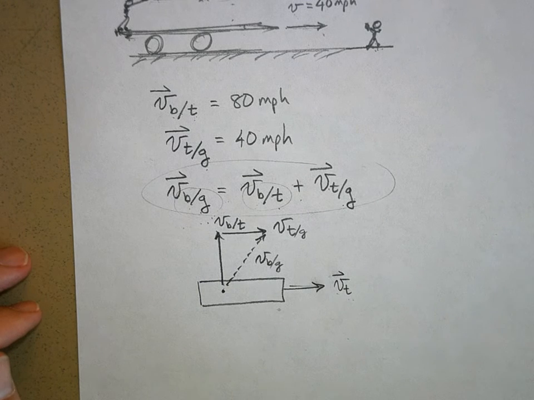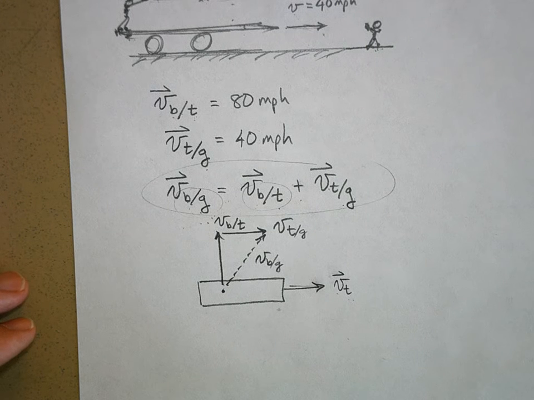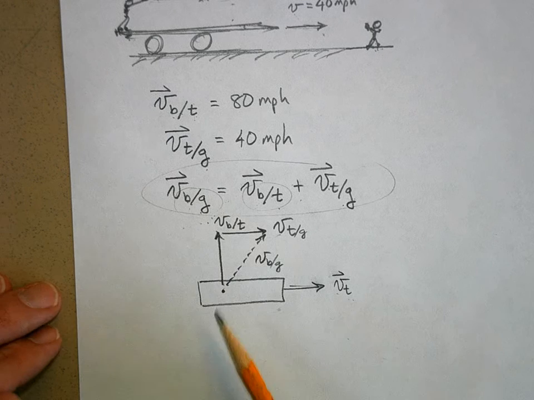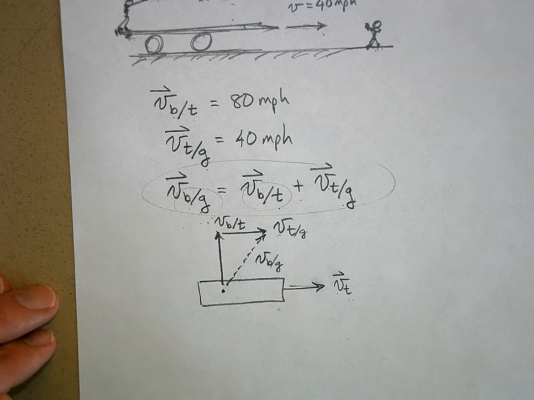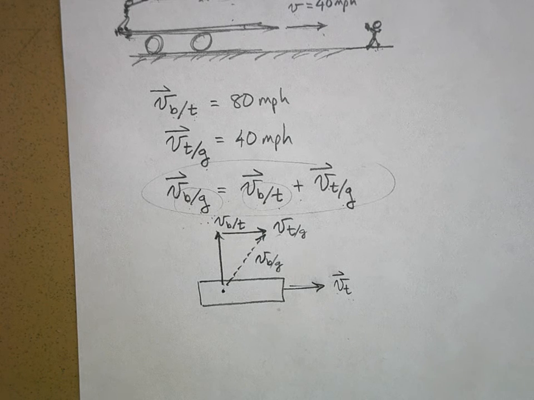If you are in a moving car and you throw a ball or something out the moving car, this is the situation that you have. By the way, if you're in a moving car and you're in the back seat and your brother's in the front passenger seat, and you throw something at your brother or your friend, what's the velocity of the ball?